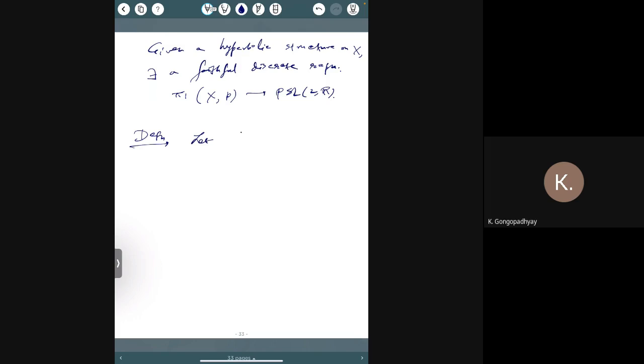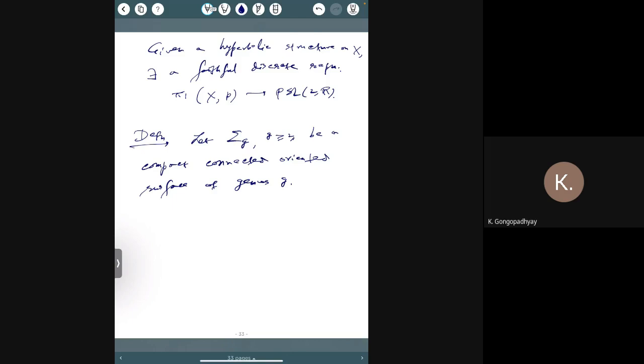So let sigma g, okay, you can take g greater than or equal to 2, be a compact connected oriented surface of genus G. Okay.